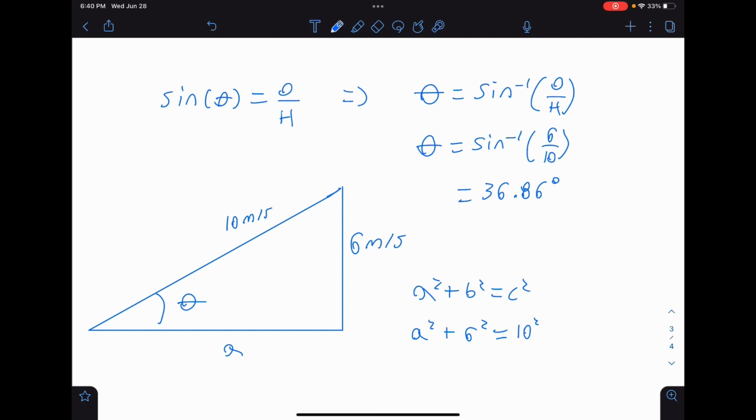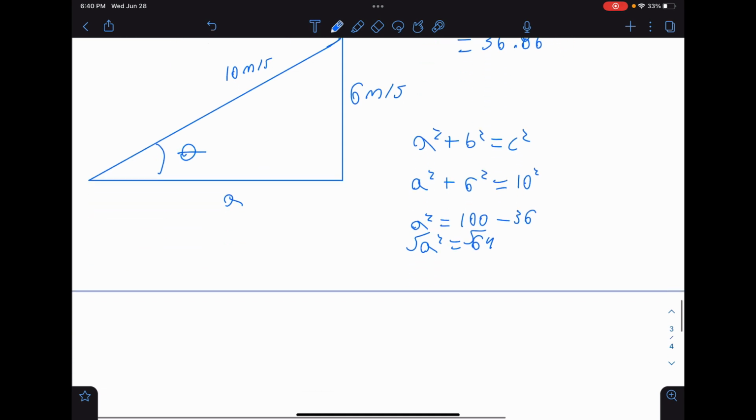So let's solve for a now. So a squared is equal to 100, because 10 squared, and then minus 36. So a squared is equal to 64. And then you would do square root both sides, get rid of that squared.